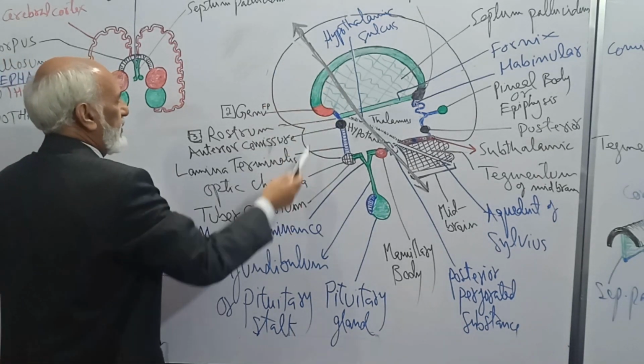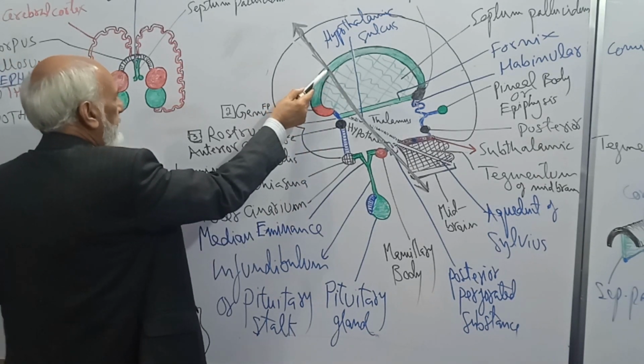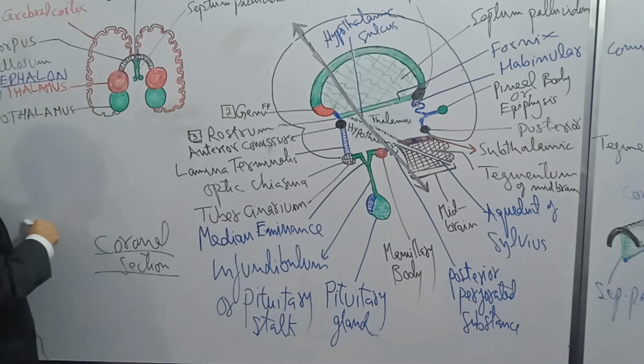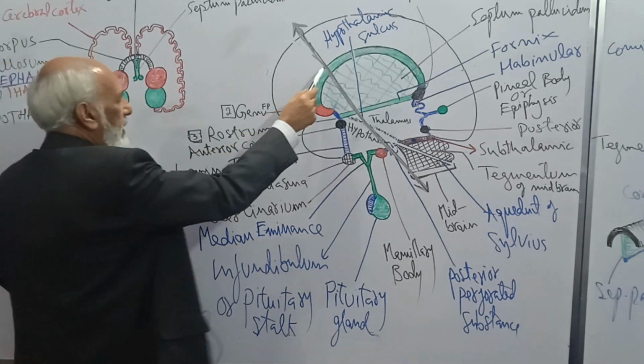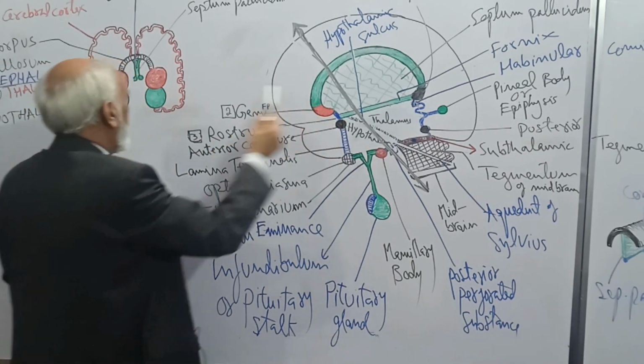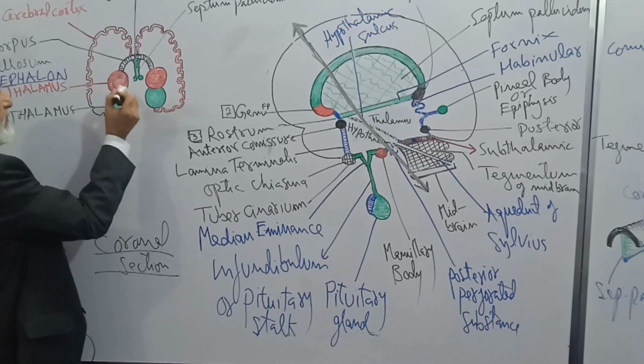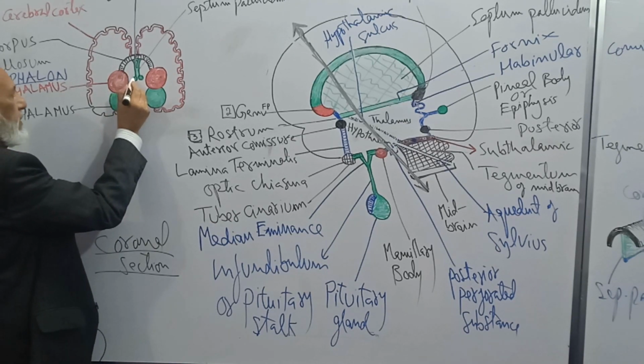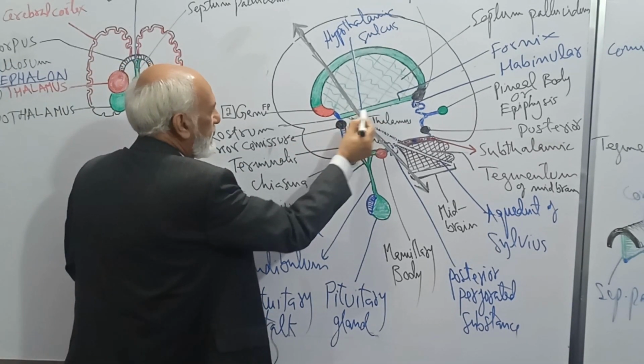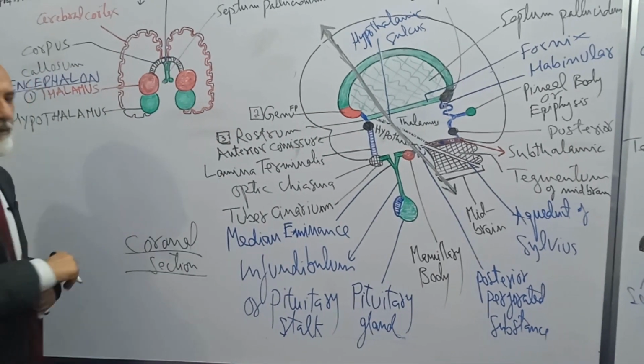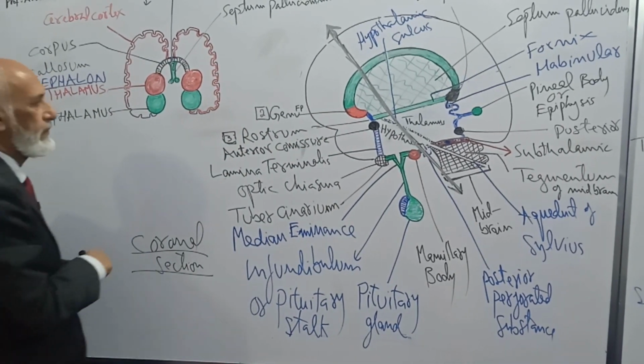Now the cut surface, can you see first of all what is cut? Corpus callosum. Then what is cut? Septum pellucidum in this section. Then fornix is cut. Front view of the fornix.